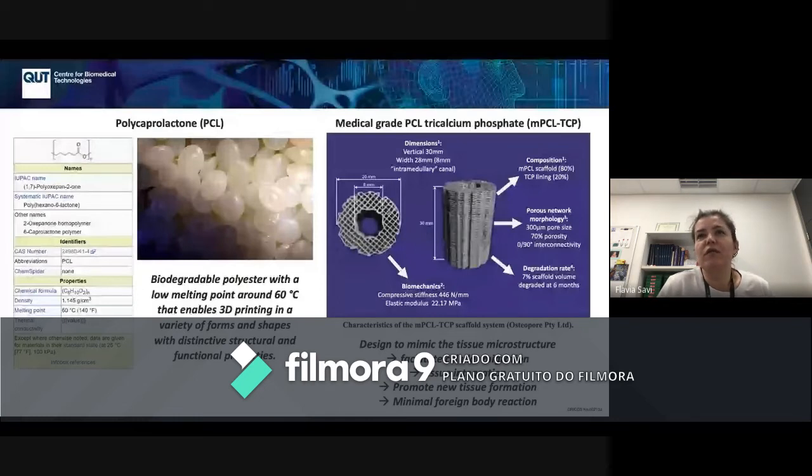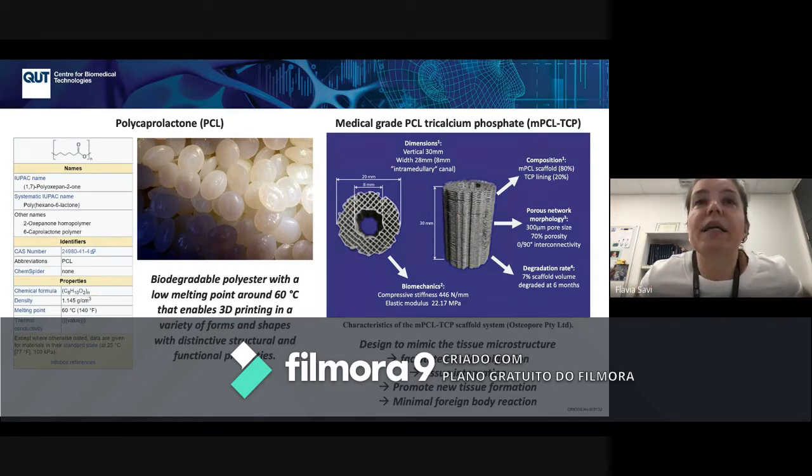And also the scaffold has a biomechanical property which can provide body stability, because for example, if you have a large defect on your leg, you need to have something that is going to give you stability because you're going to walk. It cannot be so soft and it cannot be so hard as well. So it has to be optimized.